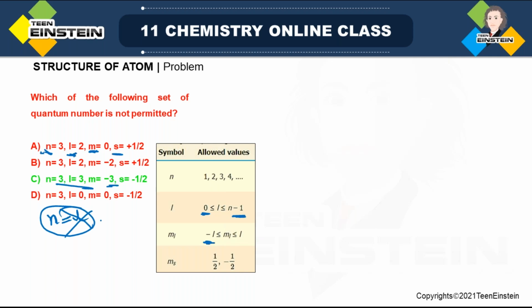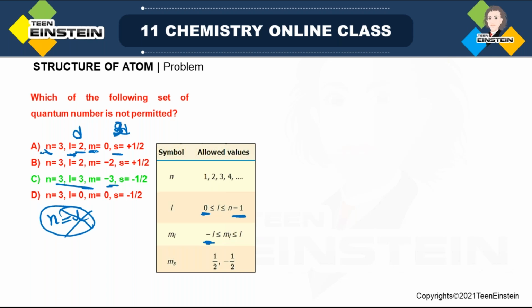But the problem is when n is 3, principal quantum number, L cannot be 3. Now here, if you are interested, we can also check what is the corresponding orbital. So suppose n is 3, L is 2. Now L 2 means what? It is d orbital. So it must be 3d. Okay. So it is basically a 3d orbital.